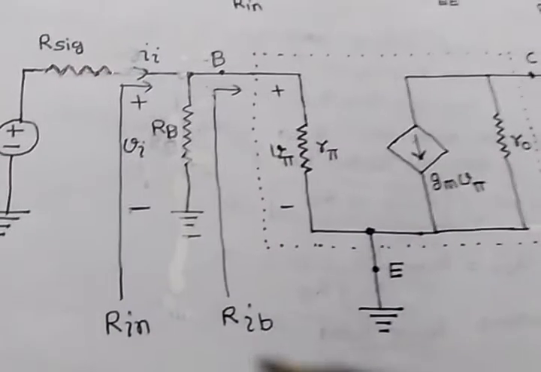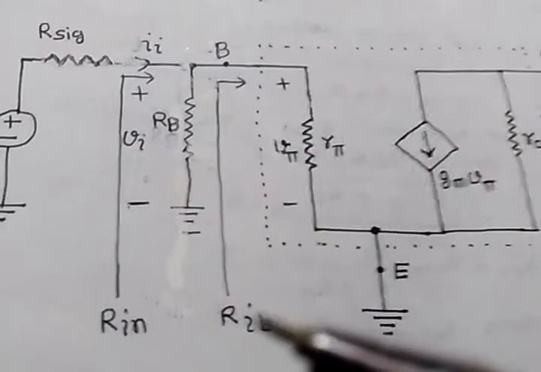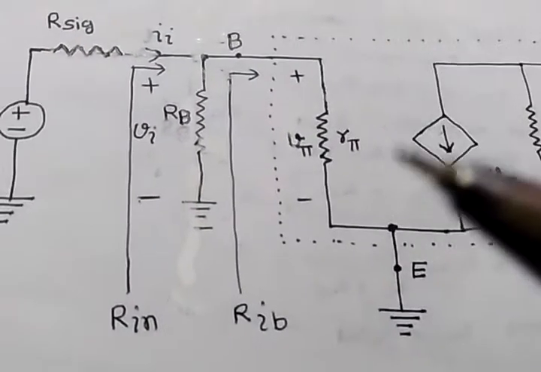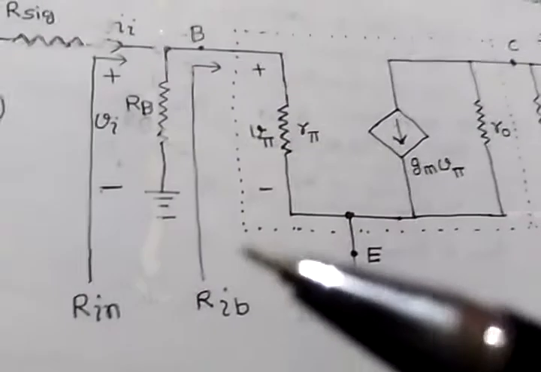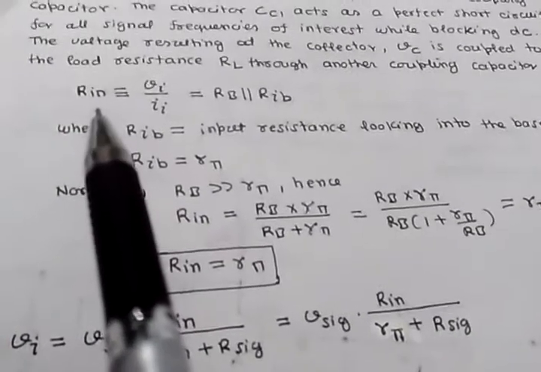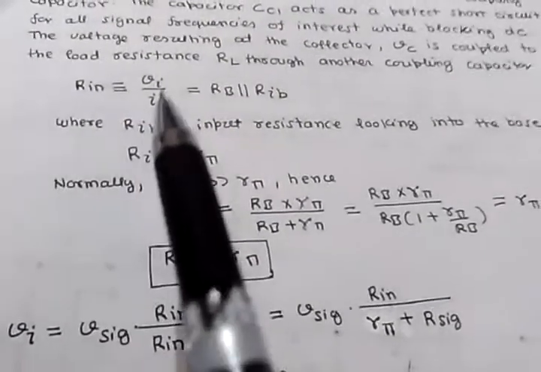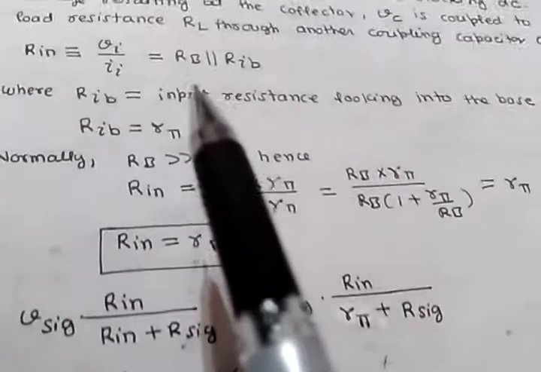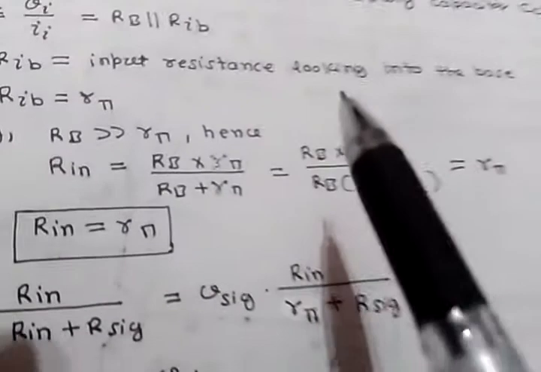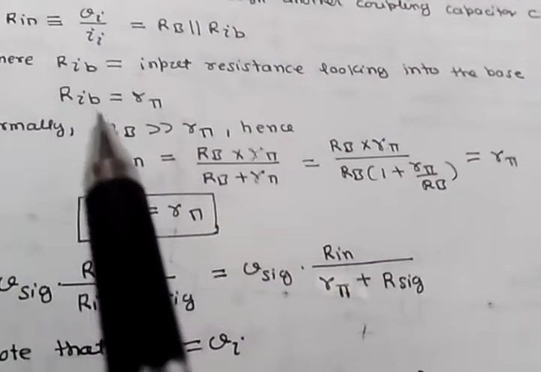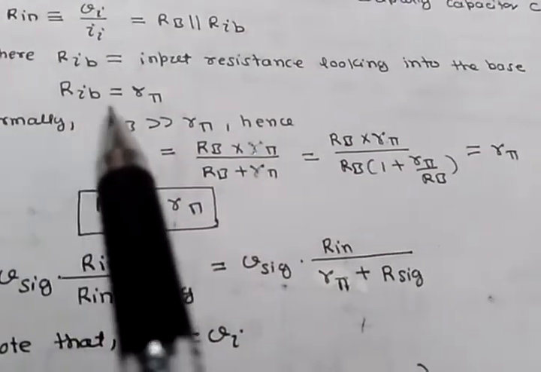From the figure it is clear that Rib is equal to Rπ. So we will use these things in the analysis of this circuit. In this way we can write Rin equals Vi upon Ii equals Rb parallel Rib, where Rib is the input resistance looking into the base. We have already discussed Rib equals Rπ.